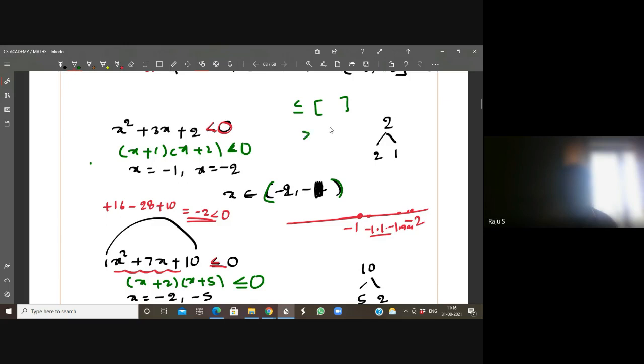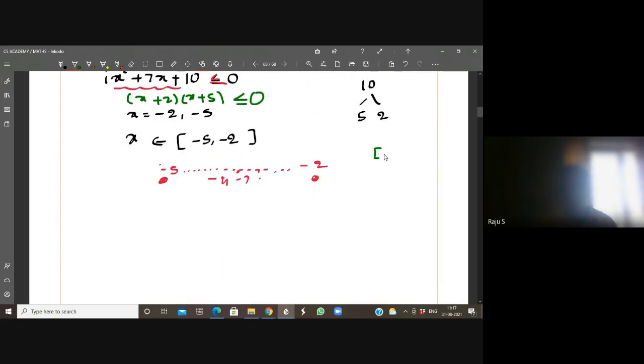If it is greater than, you may take minus infinity to alpha union beta to plus infinity. If it is greater than or equal to, minus infinity to alpha closed interval union beta to plus infinity open interval. For infinity, always you should take an open interval.